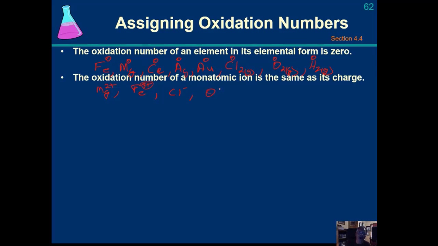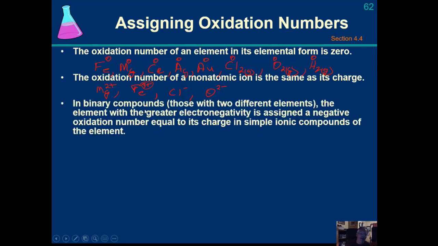Oxide anion with a -2 charge, that's its oxidation state. In binary compounds, those with two different elements, the element with the greater electronegativity is assigned a negative oxidation number equal to its charge in simple ionic compounds of the element.